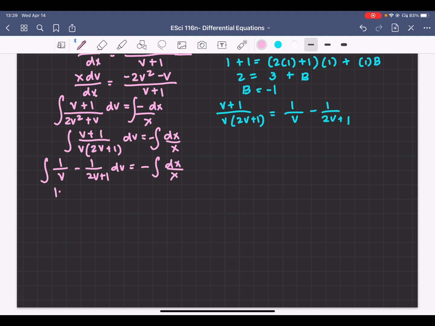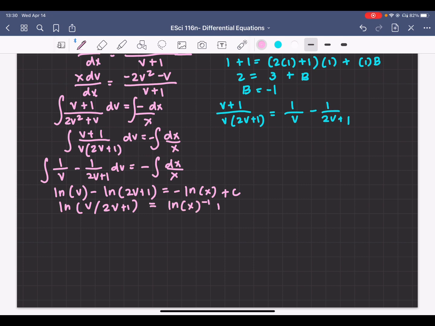We have ln v minus ln(2v plus 1) equals negative ln x plus C. Next, the left side can be rewritten as ln of v over (2v plus 1) is equal to ln x raised to the power of negative 1 plus C.